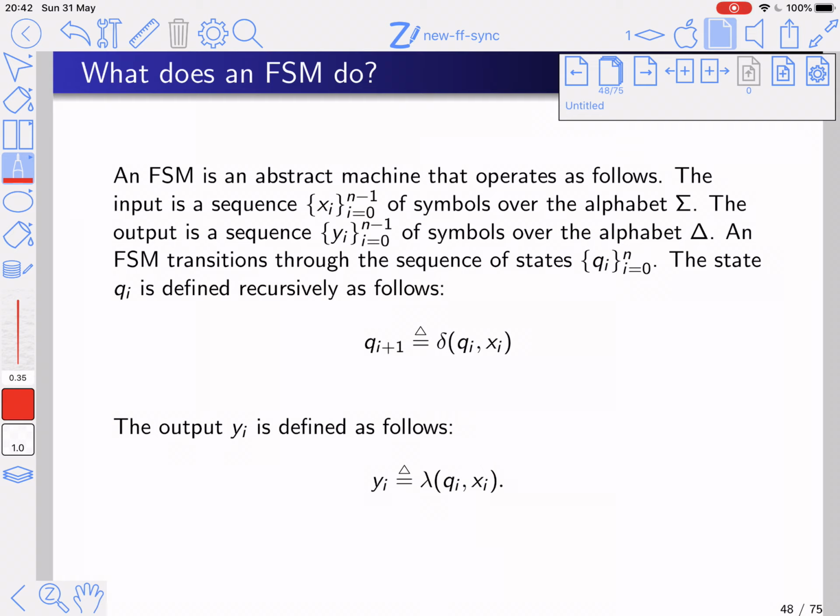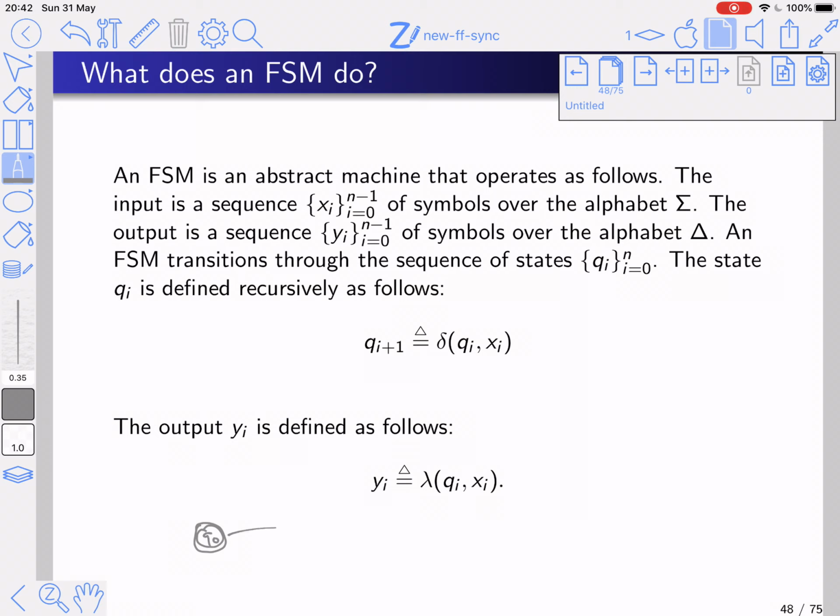So one way to think about what a finite state machine does is as follows. I begin in some state. I like to mark this state with two circles, and my initial state is Q0.